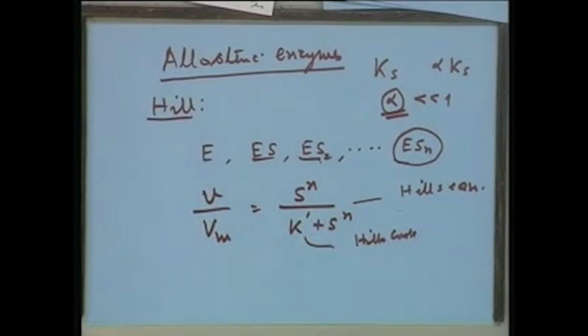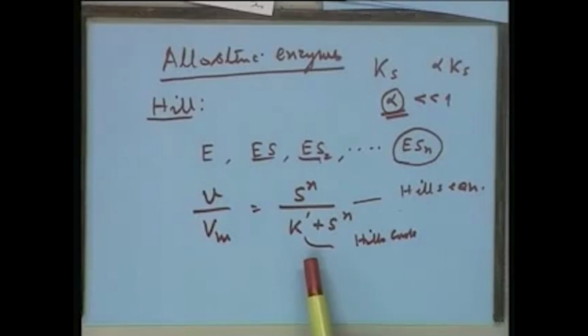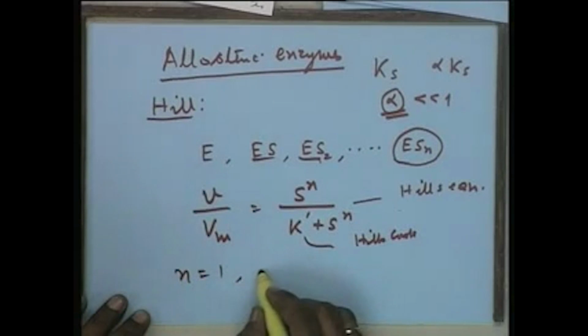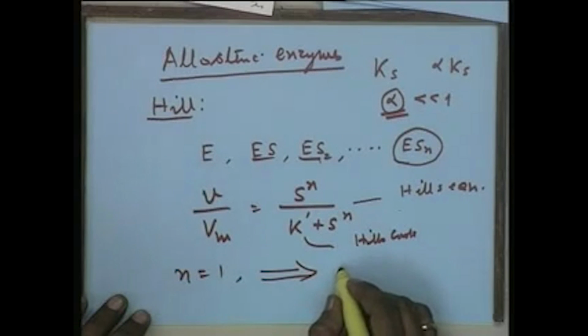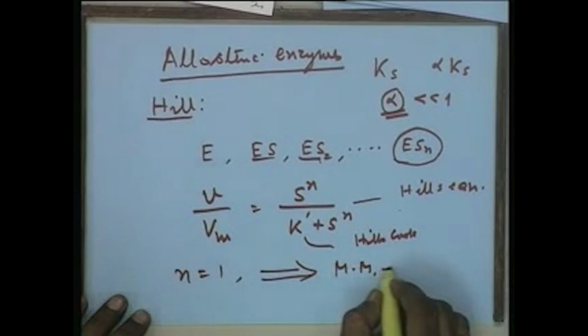Mind it that this K dash is very significantly different than the Michaelis-Menten constant. Essentially, as you know, the Michaelis-Menten constant is the substrate concentration at which your reaction velocity is 50% of the maximum reaction velocity. That situation will not apply here if you analyze. Now if you put n equal to 1, then the equation will reduce to Michaelis-Menten kinetics.